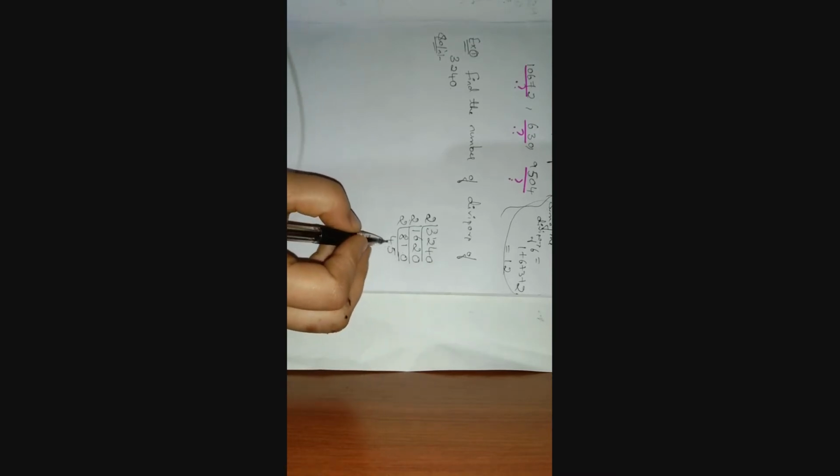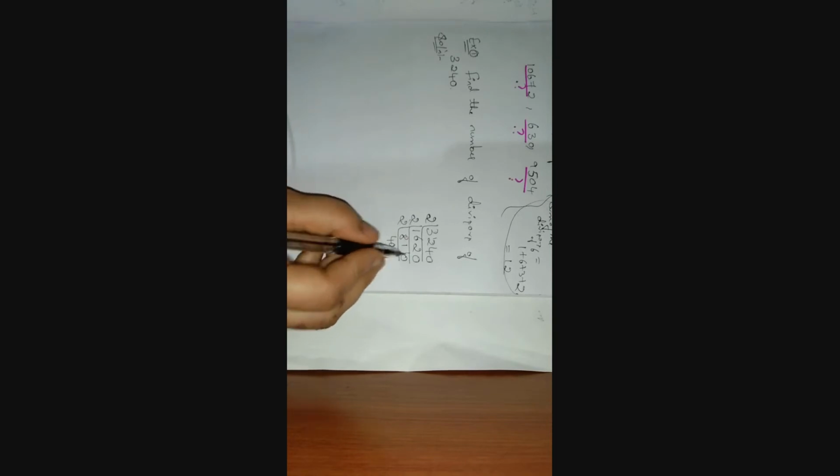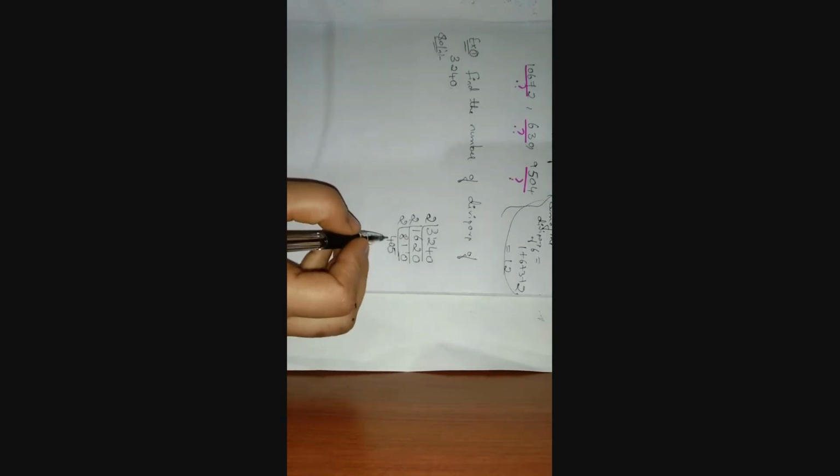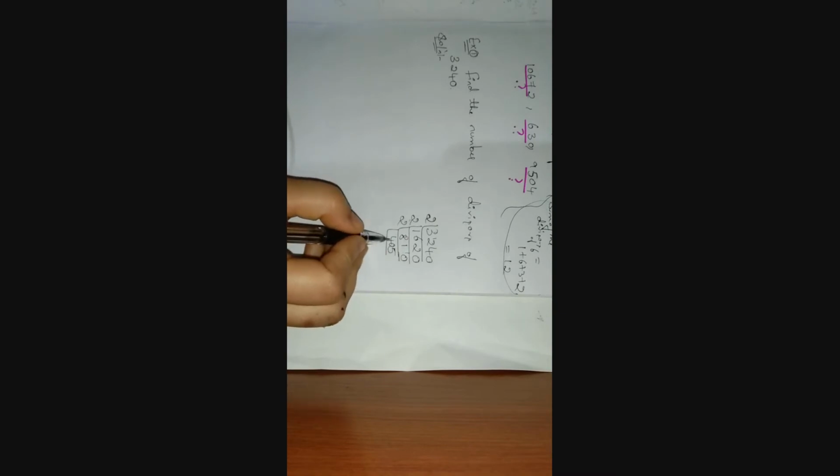Okay, 2 40s are 80, 1 carries here, 2 5s are 10. So from 2 it is not possible because 2 2s are 4.